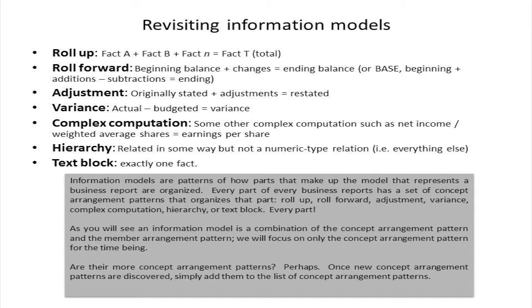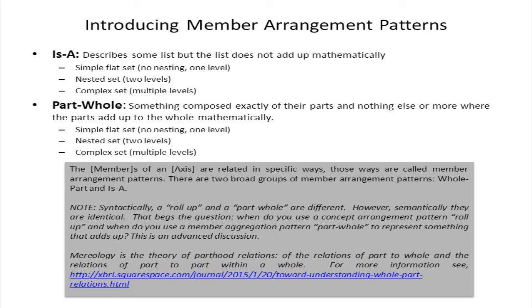A second thing that makes up an information model is the member arrangement pattern. So there are basically two types of member arrangement patterns. And a member arrangement pattern is basically how the members of an axis are organized. So the broad groups of a member arrangement pattern are an is-a type relationship that describes some list, but the list of things does not add up mathematically.